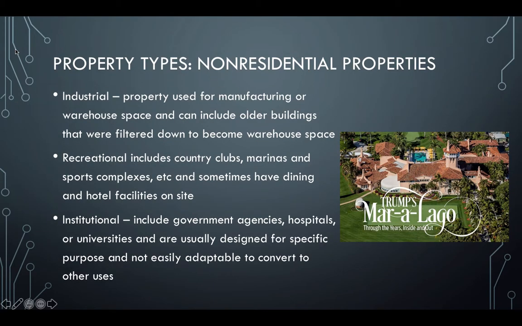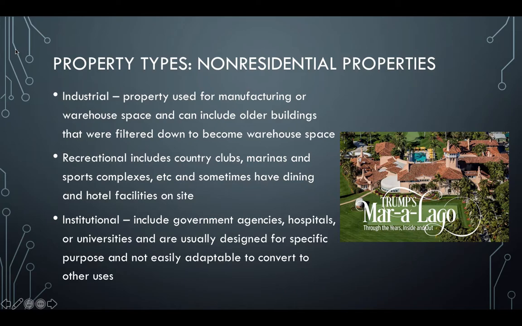For industrial, the property is used for manufacturing or warehouse space and can include older buildings that were filtered down to become warehouse space. So, if there's a big building that maybe housed thousands of apartments, it can be transferred into a warehouse down the road.